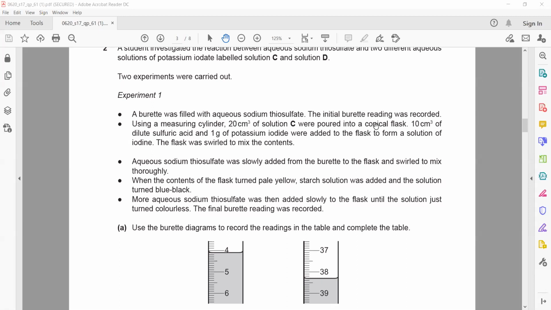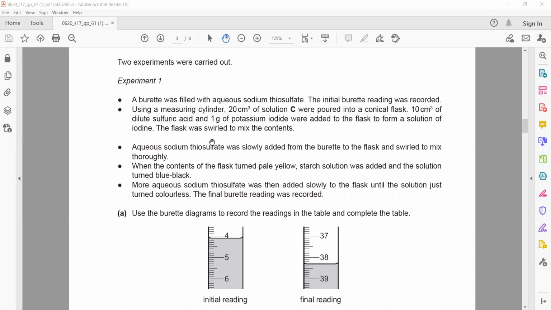The advantage of a conical flask is you can easily swirl the mixture. Otherwise, if you are using a beaker and you try to swirl, the solution will come out. That's the advantage of a conical flask: small mouth, so the liquid cannot come out when swirling.